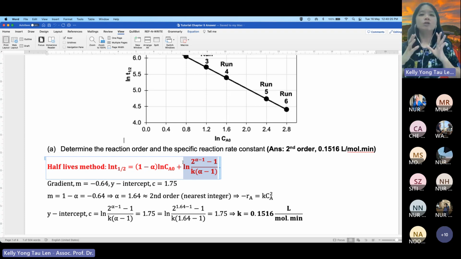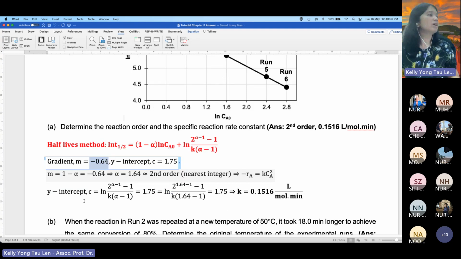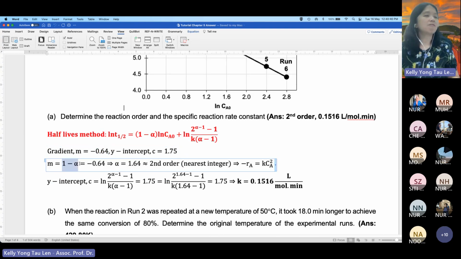So if you want to find alpha, it is from the gradient. So 1 minus alpha will equal your gradient, which is negative 0.64. Okay, so you can see the step: 1 minus alpha equals your gradient, which is negative 0.64. So you will get your alpha as 1.64 if you calculate correctly.